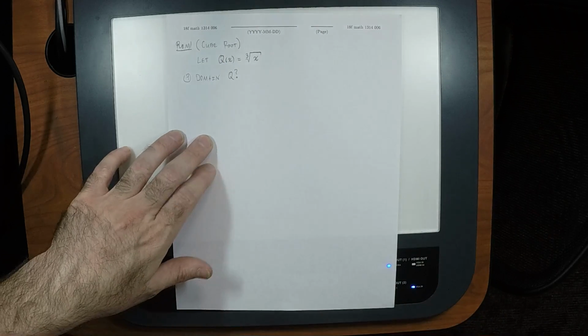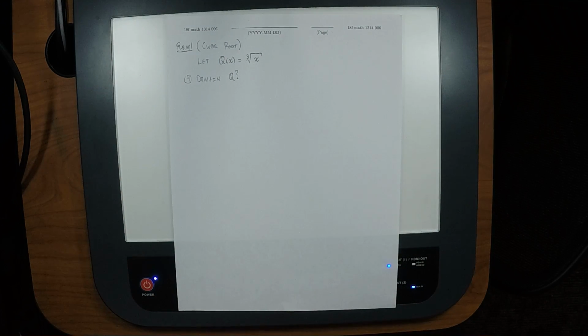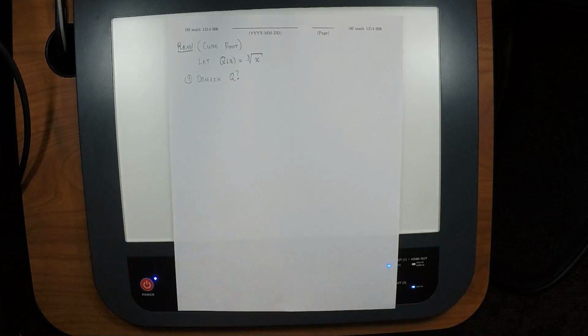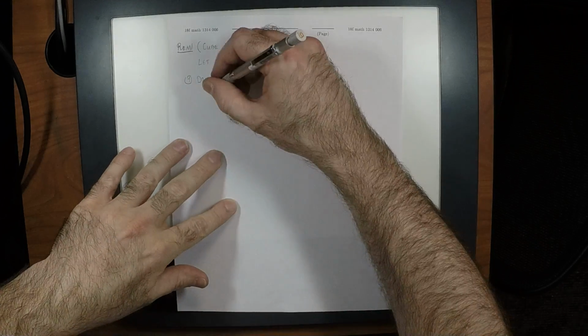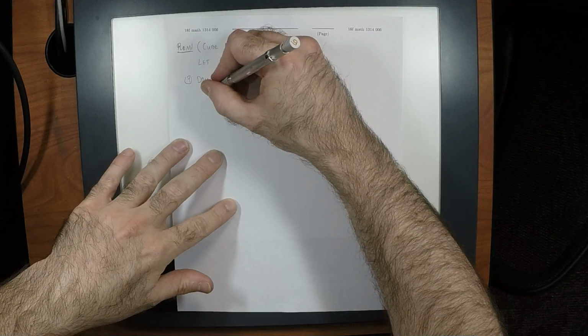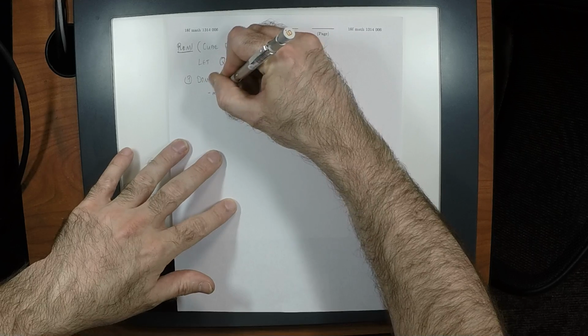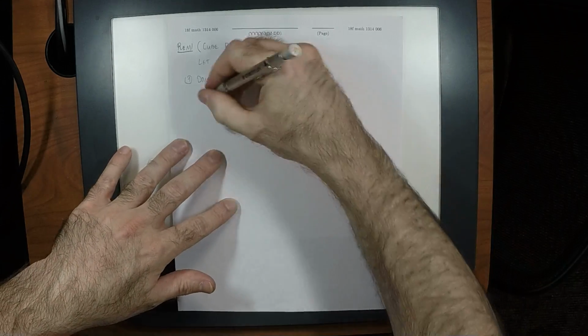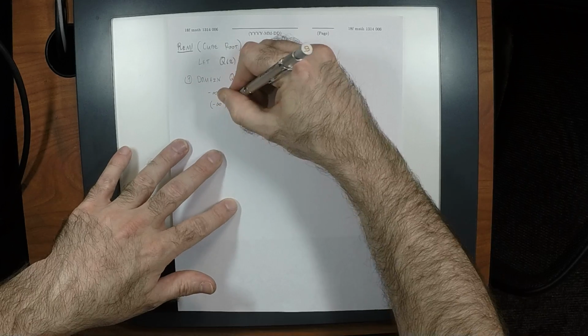All reals. Remember that radicals have their behavior strongly influenced by the parity of their radical number. Because this is a third radical, and 3 is odd, that means it has the odd behavior. And the domain is going to be all reals. So negative infinity less than x less than infinity, which is to say everything.